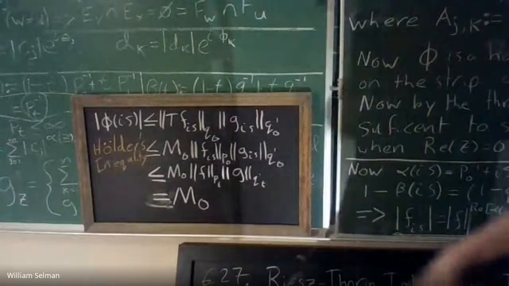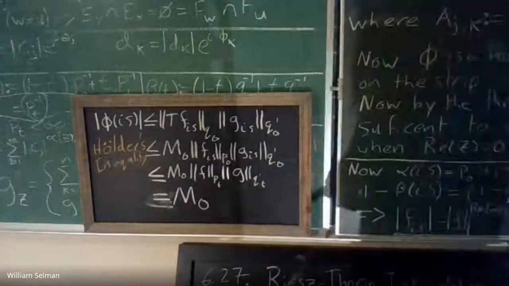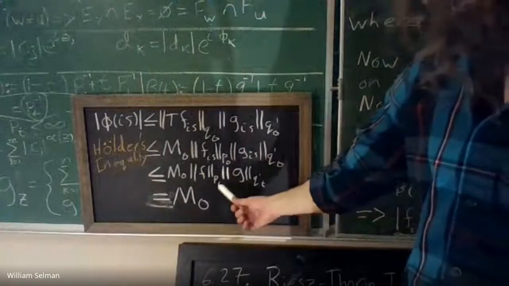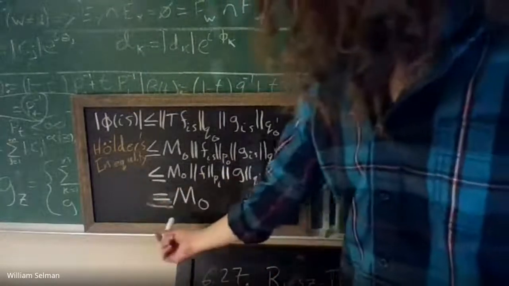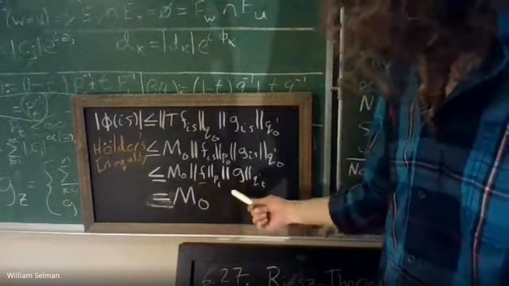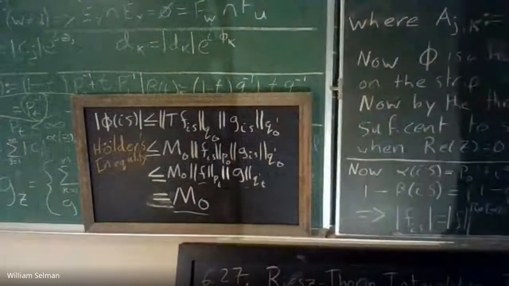Again, this is because the exponents inside the integrals are going to be the reason that we have the inequality. And then by hypothesis, we had chosen both of these to have norm 1. So we get that this is equal to our M naught.